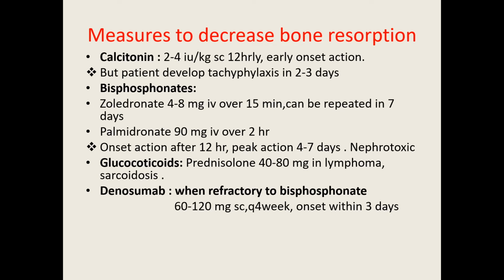We can use glucocorticoids like prednisolone 40 to 80 milligram in lymphoma and sarcoidosis cases, and denosumab, which is a monoclonal antibody against the RANK ligand. It is used only when the patient is refractory to bisphosphonates, and the dose is 60 to 120 milligram subcutaneously every 4 weeks. It also has onset within 3 days.